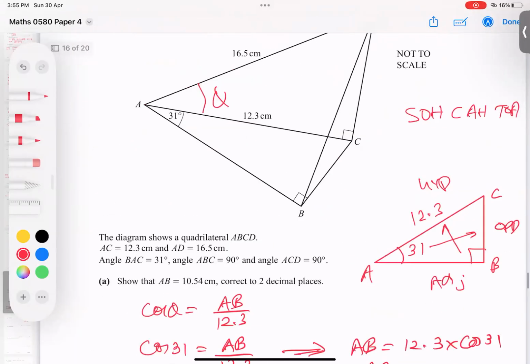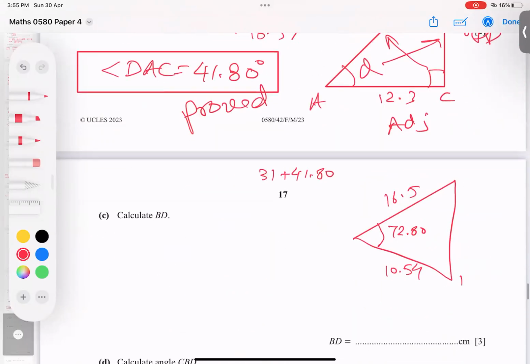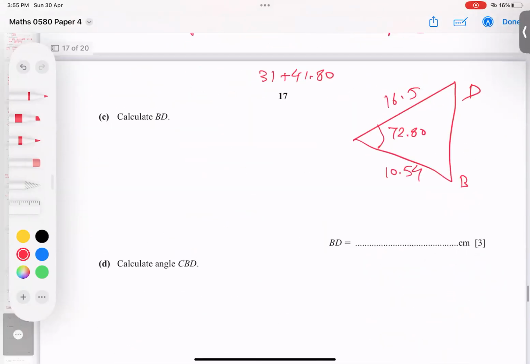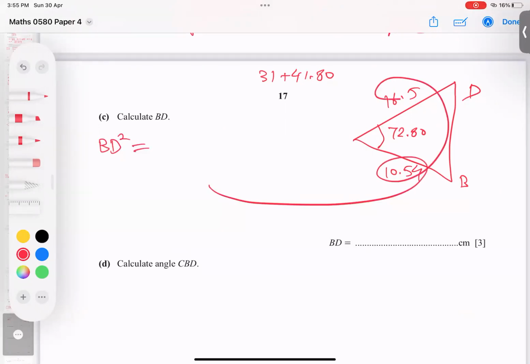And BD, where's B down, D up? Just reconfirm once again. Yeah, okay. Now I'm going to find it. So what is the formula, students? So cosine rule, BD square is equal to this side square plus this side square.